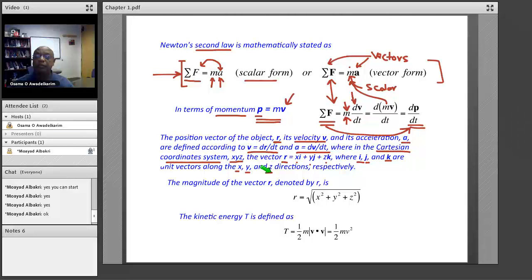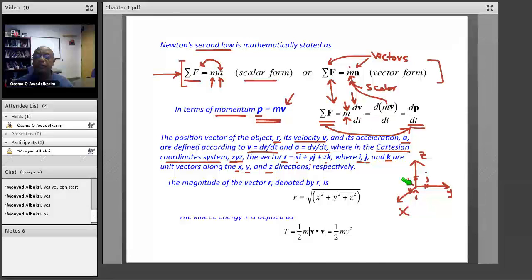And these are three mutually perpendicular directions. So this is the system of coordinates x, y, and z, and the unit vectors are i, a unit vector of length unity, j along the y direction, and then k along the z direction. So these are the three unit vectors.